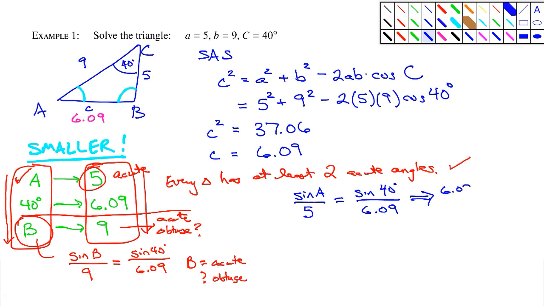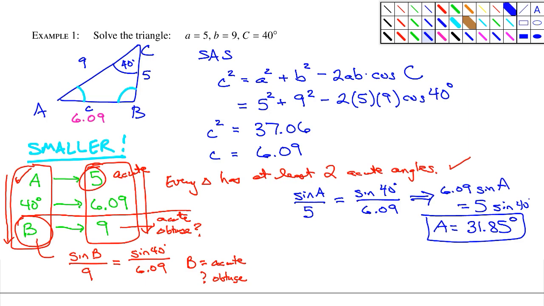This gives me 6.09 times the sine of A is equal to 5 times the sine of 40 degrees. Divide and take the arc sine, and you get A is equal to 31.85 degrees.